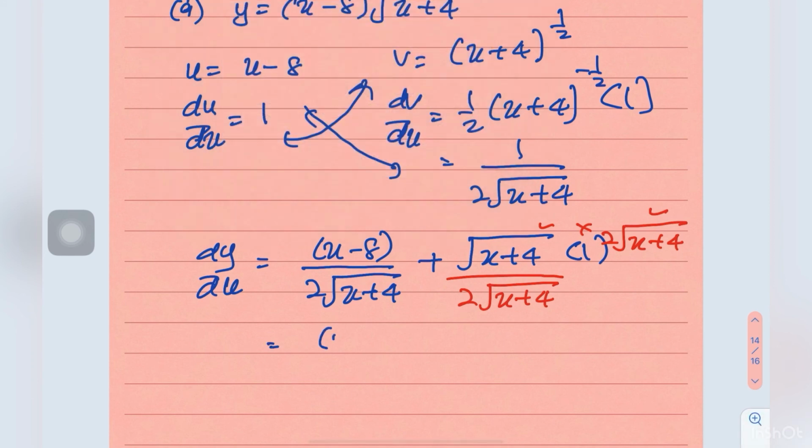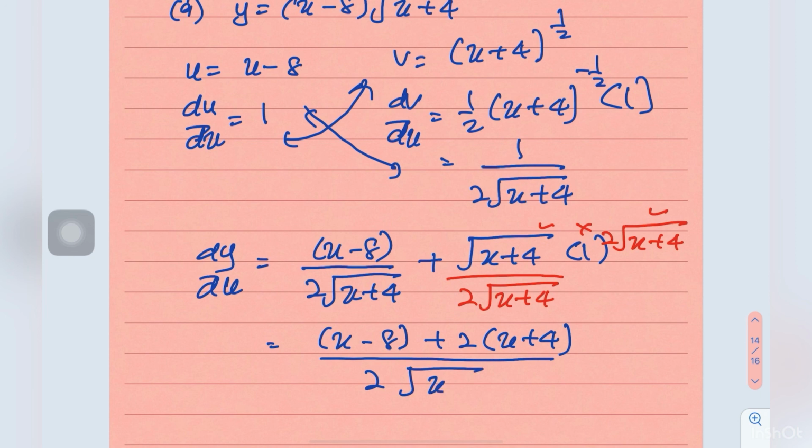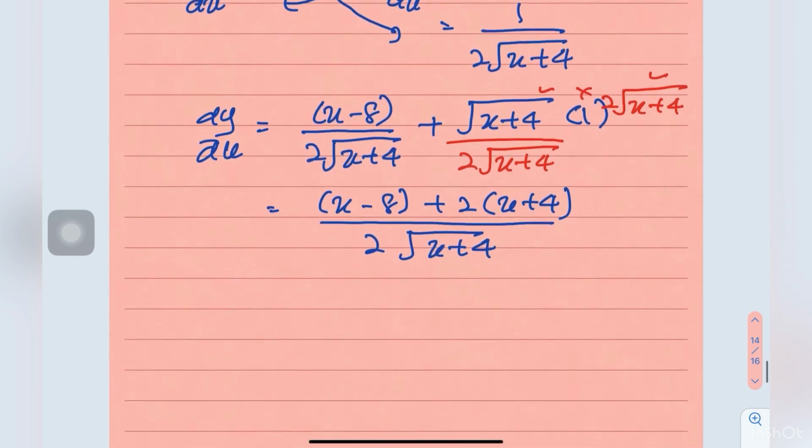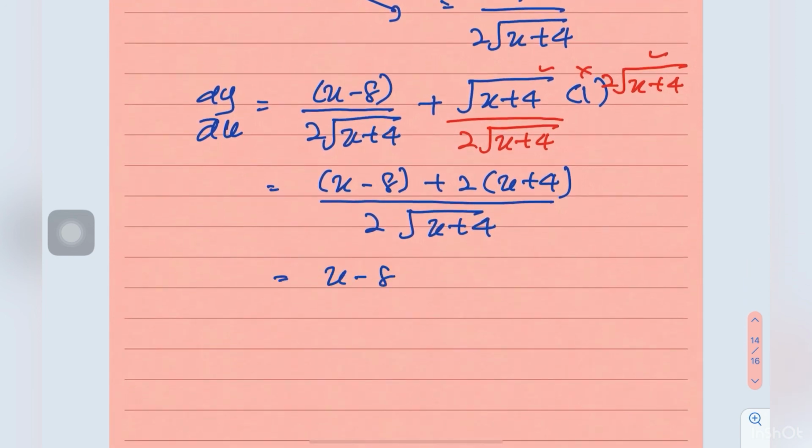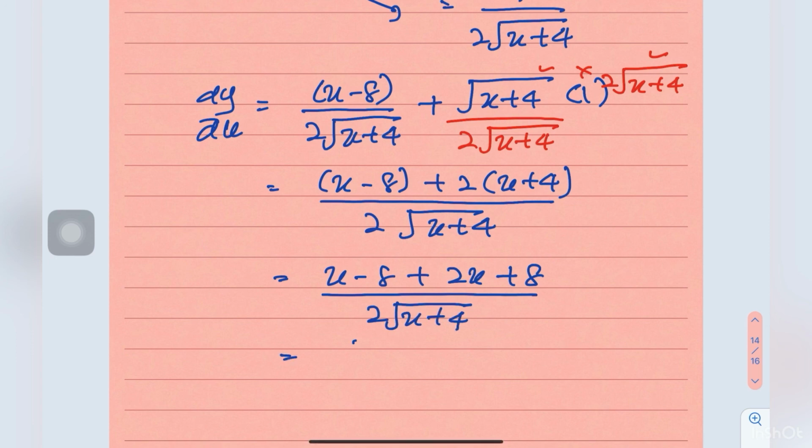Here we get (x minus 8) plus 2(x plus 4), over 2 square root of (x plus 4). Okay, so (x minus 8) plus 2x plus 8 over 2 square root of (x plus 4). So we simplify, we get here 3x over 2 square root of (x plus 4). So this is our dy/dx.